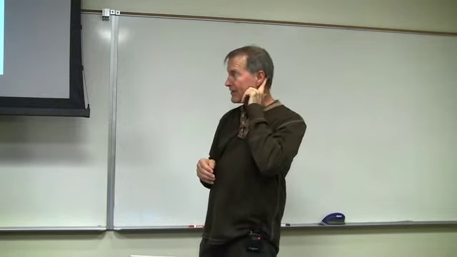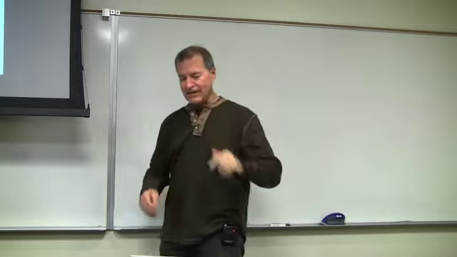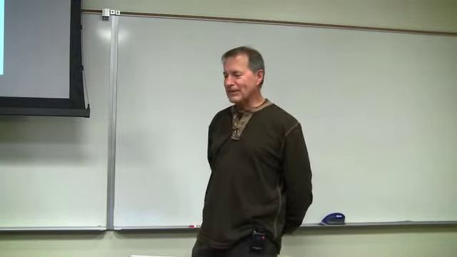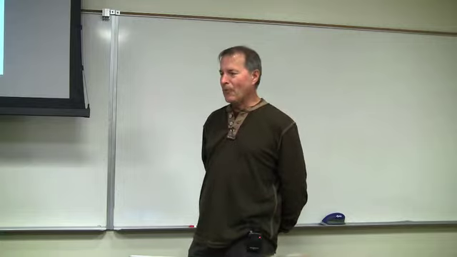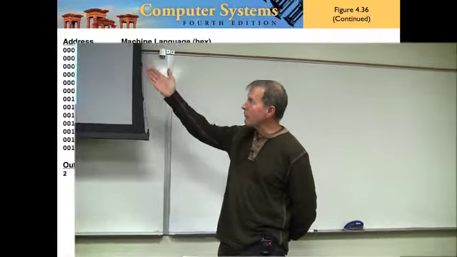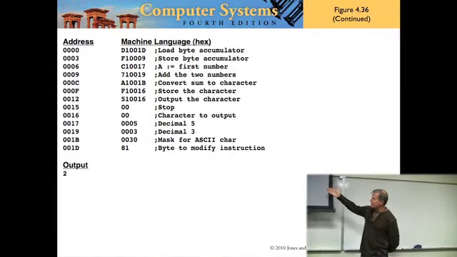All right, now at the end of class last time, we did what I think was a nifty little demo where we had a program that modified itself. Do you remember? Here in figure 4.36 is a listing of the machine language program, and it output 2 instead of, what was the original program?